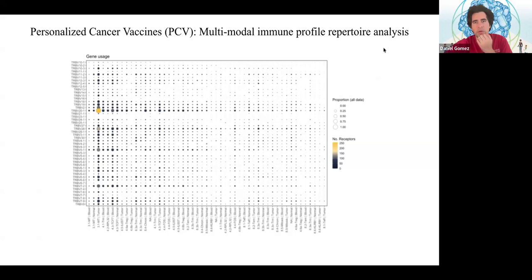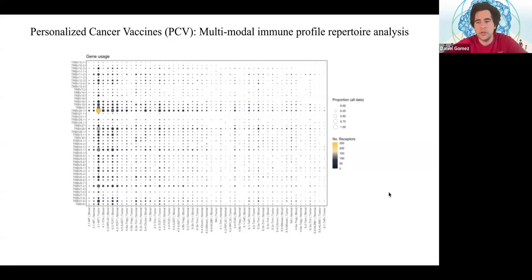Next, we have multimodal immune profile repertoire analysis, where we have TRB V21, TRB V28, and TRB V51, all in 3-1 MT tumor, where we can see the number of receptors and the proportion of them.